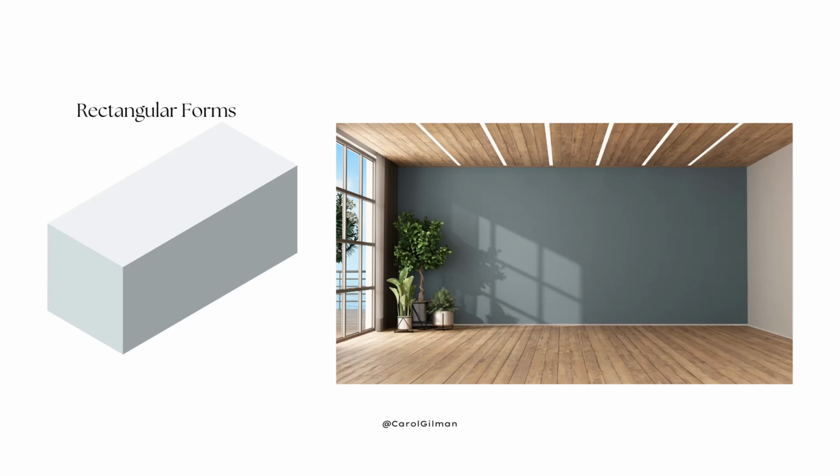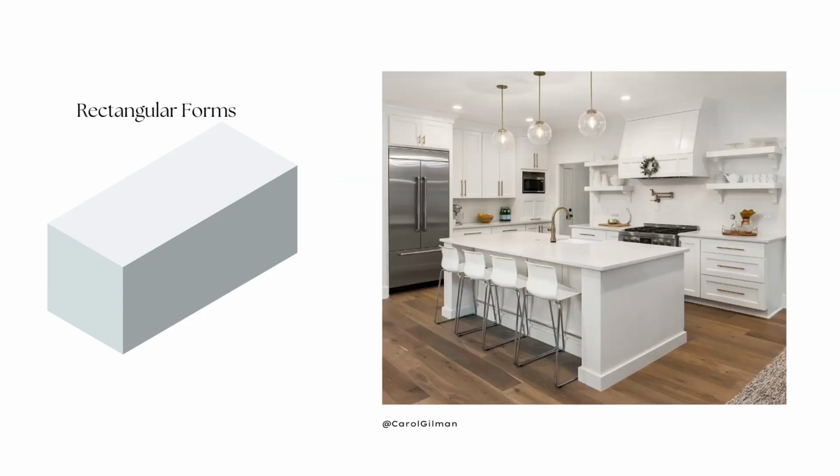One of the first three-dimensional shapes that we can think about is our rooms. Maybe we have a rectangular room. Well, a more accurate way of describing that room would be calling it a cuboid or even a rectangular prism. We can think of a kitchen island as having that shape, anything where the shape of that three-dimensional object is rectangular.